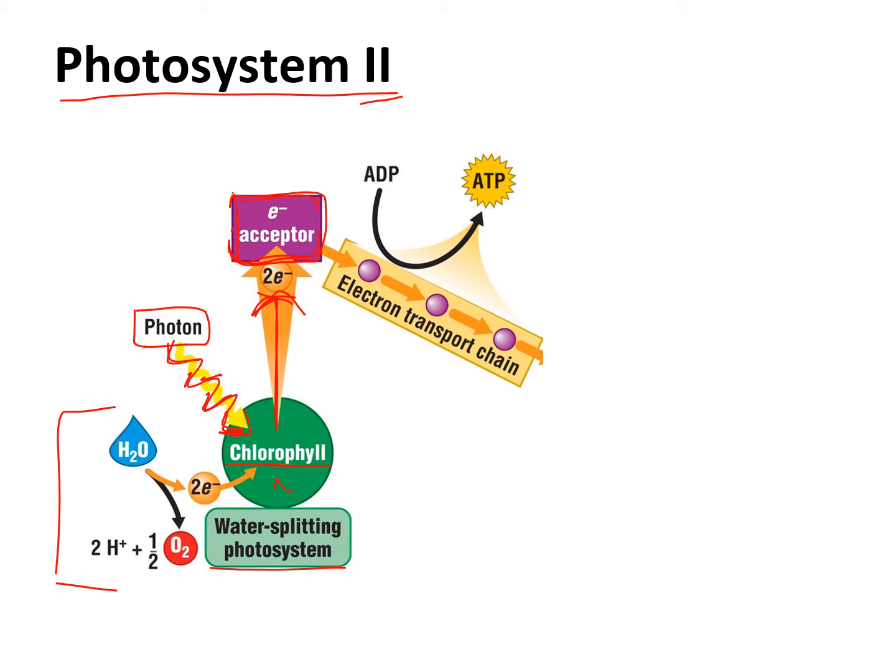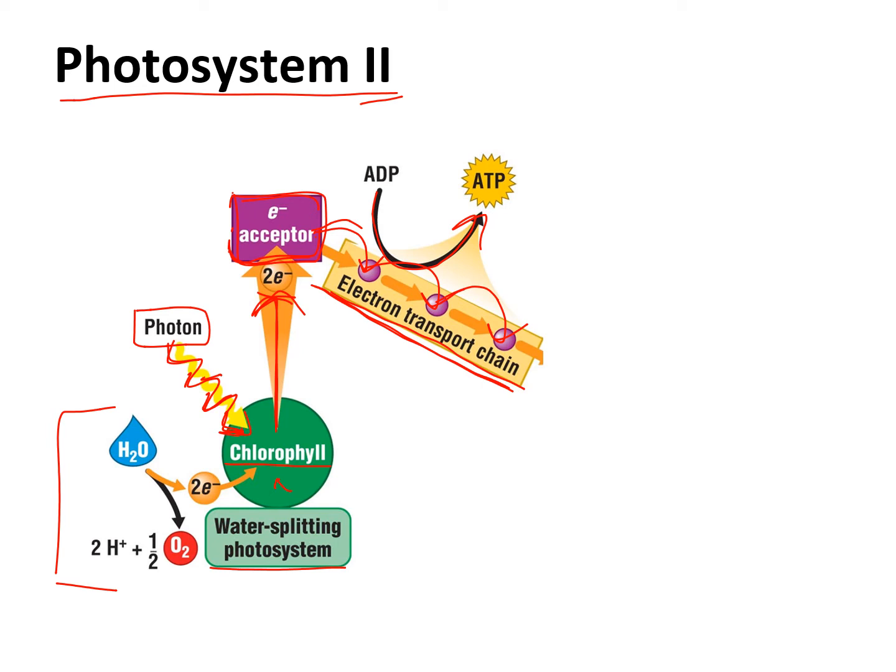Once it is transferred to the electron acceptor, then that electron is going to be transferred to the electron transport chain, which is a series of proteins. So it's going to be transferred from one protein to another, and that's the electron transport chain. And during this process, that is where ADP is going to be converted to ATP. And that process is called chemiosmosis, which I'll talk about in a minute.